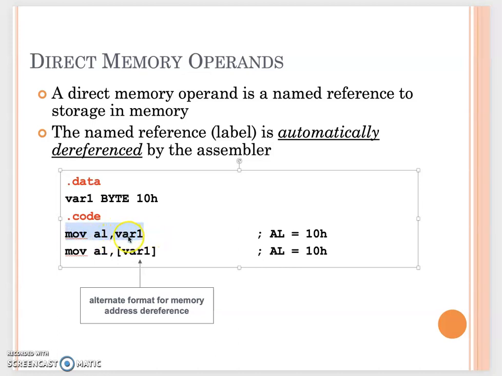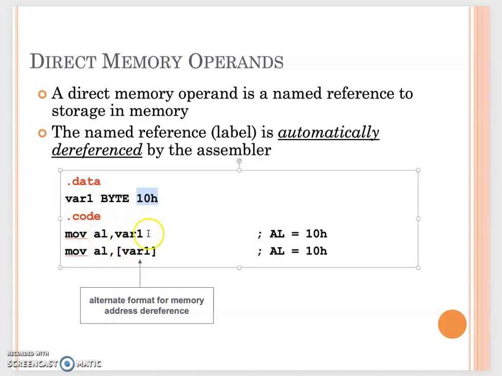Remember we told you val1 is actually the address pointing to the location. But because it is automatically dereferenced, when you have val1, it will just know to go to that location and read the value. That's why we save it in AL.